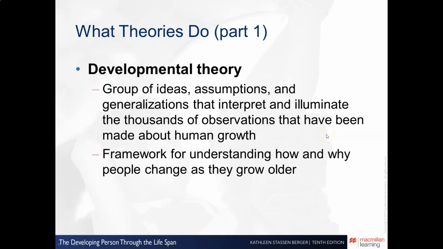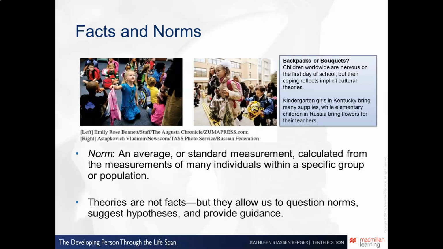So basically, in a nutshell, that just means taking all the available knowledge from a bunch of observations and research and putting it all together and coming up with a theory. Now, on this slide right here, what's important to remember is the term norm.